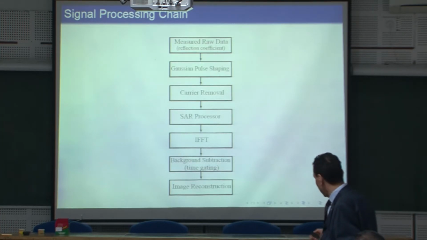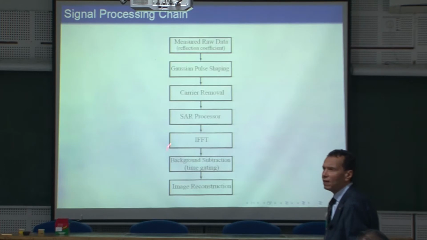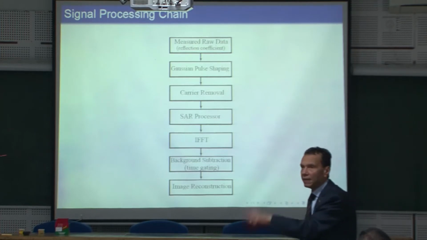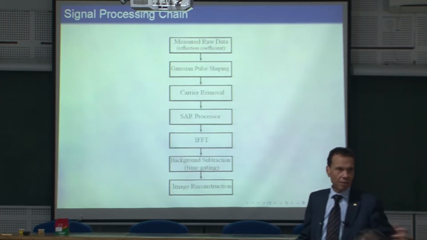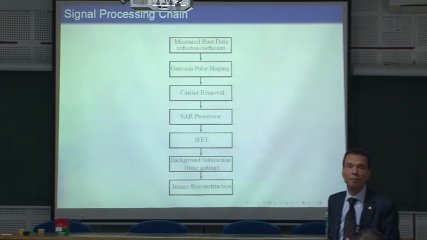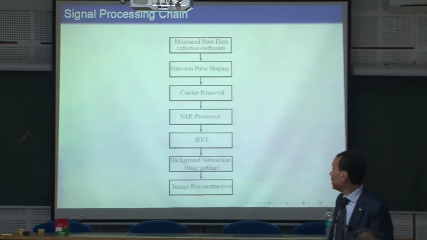And then you have the carrier removal. It is something like I mix down. Then the SAR process, because I collect now data from different points, collecting them as if they were coming from a big antenna array. And then I perform the FFT.